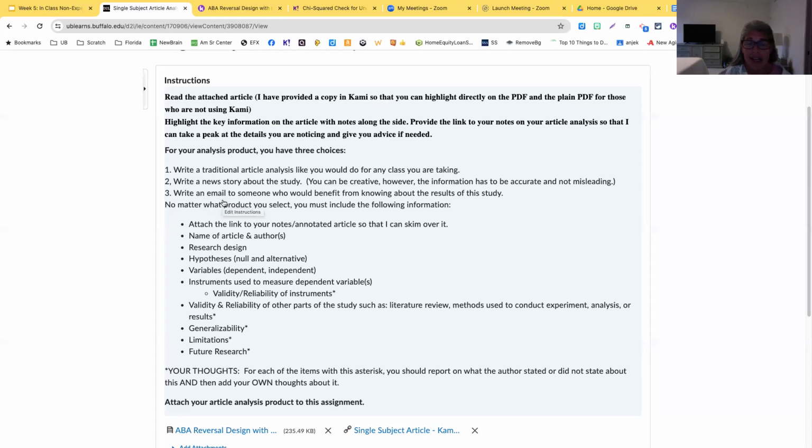Or you can write an email. Let's say you have someone you know who is on the spectrum, and maybe one of these things applies to him or her or their child or their student, and you can write an email. But again, you have to include all these things. What I'm trying to do is to get you to that next level to say, not only here's what the story is, this is what it means, but how can it be applied to others?